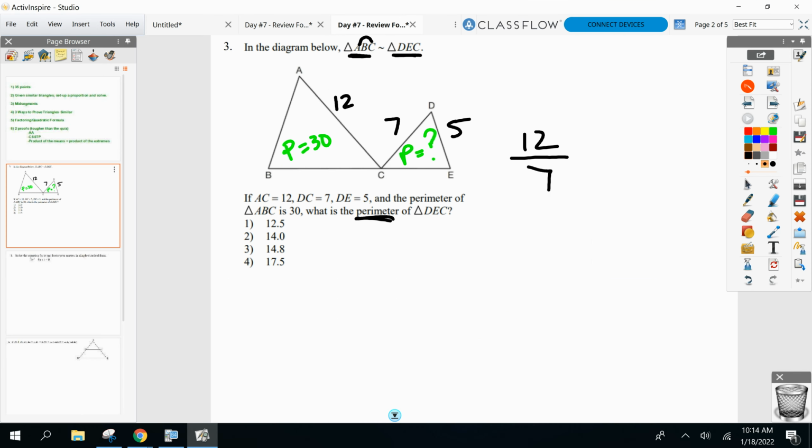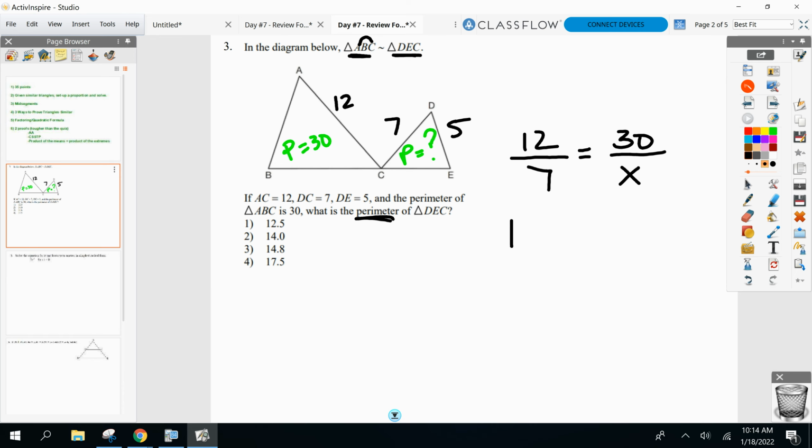So the 12 and the 7 match up. So that's the same ratio their perimeters are in. Big triangle that's got a side of 12, perimeter's 30. 7, that's the perimeter I'm looking for. Everyone all right? Side ratio equals perimeter ratio. And we okay on why I know the 12 and the 7 match up?